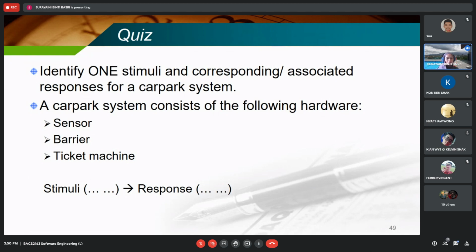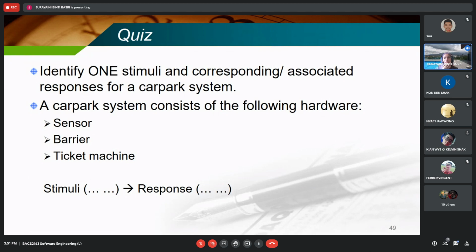For example, if you find this kind of question in the exam later, you are allowed to search, because not all of us know how the process of a system works. In this case we don't know what the sensor is, either based on weight or on the movement of the car. We don't know either it is weight or movement.